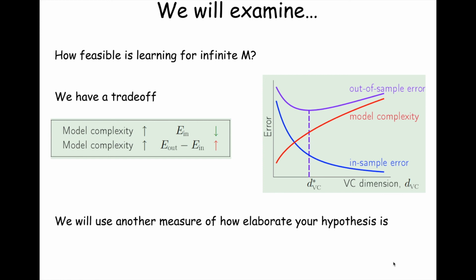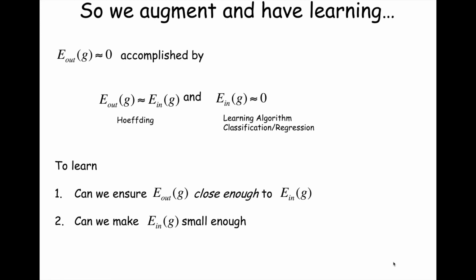And so with regularization and VC dimension, we'll talk about not only the power, but also how you can control that trade-off: make your hypothesis set simple enough that E_in and E_out are close to one another, but not so simple that E_in is too big.